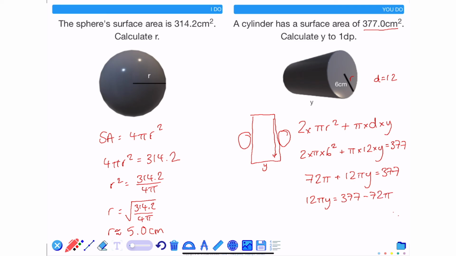And dividing both sides by 12 pi, y will equal 377 take away 72 pi all over 12 pi. Grabbing a calculator and typing this in gives y to one decimal place 4.0 centimeters.